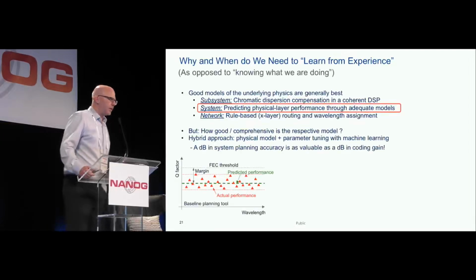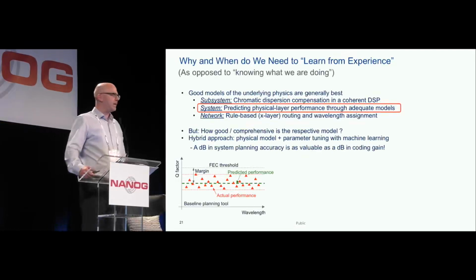And here the problem at hand, again coming back to we want to squeeze the most capacity out of our optical transport system. And so you need to have an accurate prediction of what's the quality of your transmission, what's the signal to noise ratio that you would expect for that link.